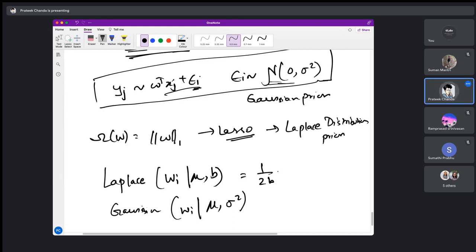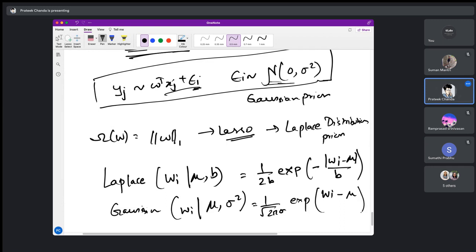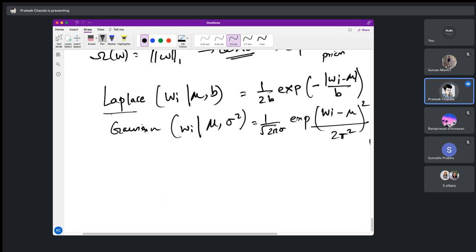For this I have the expression exponential of minus mod of wi minus mu, divided by b. And for Gaussian we had root 2 pi sigma, exponential of (wi minus mu) whole square by 2 sigma square. So similarly for Laplace we have something like this. And if we choose Laplace as the prior, then we get L1 or lasso as the regularized solution.